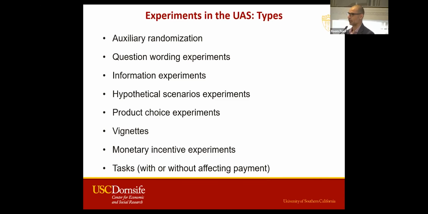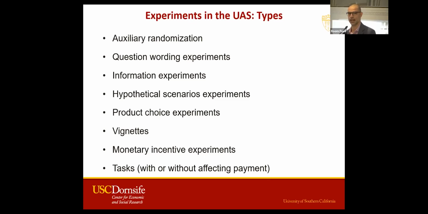That's another very common tool that we use. An example is the poverty vignette that we have been using throughout these years. You have some characters. The characteristics of these people are randomly assigned. And you may read something like, John is a single man.